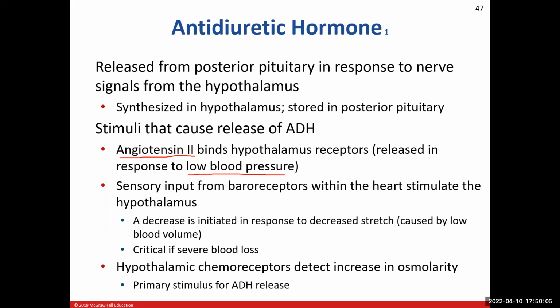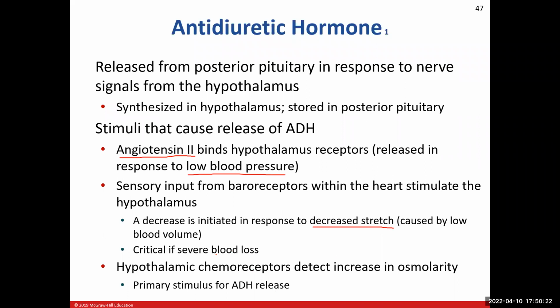That decrease in sensory input is due to the decrease in stretch, because our blood volume has decreased and therefore will decrease our blood pressure, and this will stimulate the release of ADH.